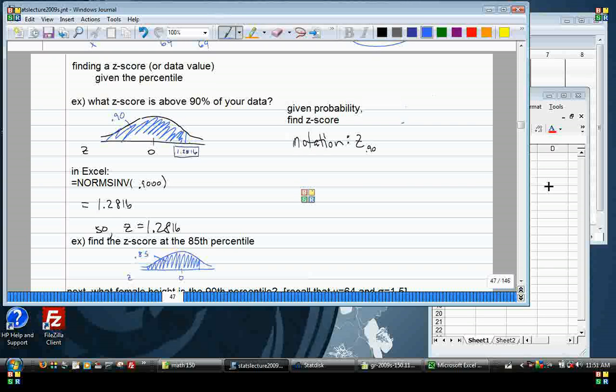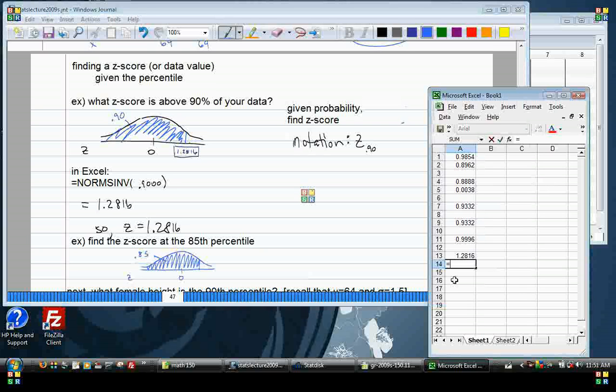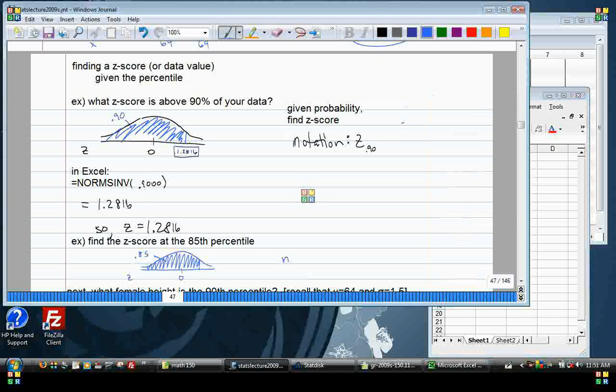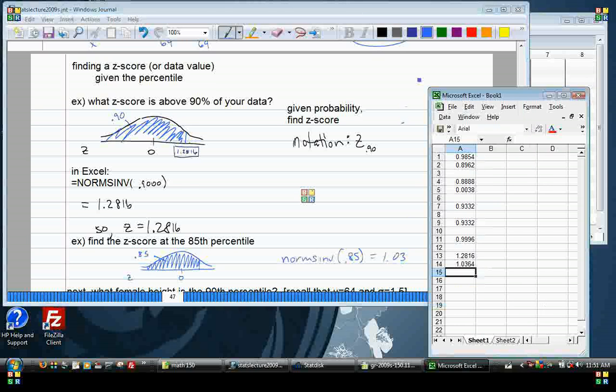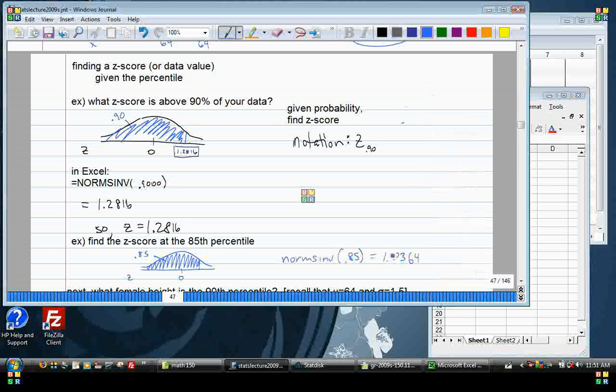Equals NORM.S.INV of 0.85. 1.0364. And that's your answer. Let's fill that in on the picture.